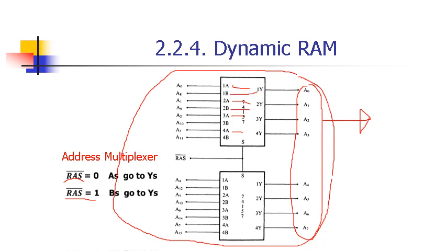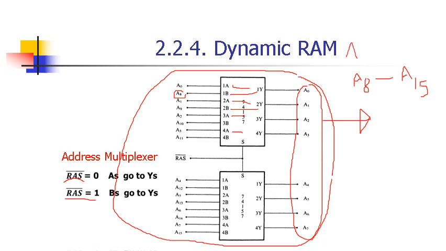Now B's go to the Y's, which means what? A8 through A15 would be outputted to you through this multiplexer.